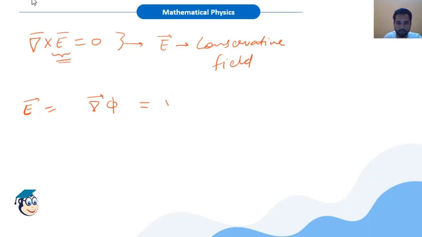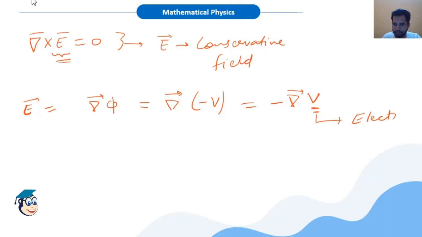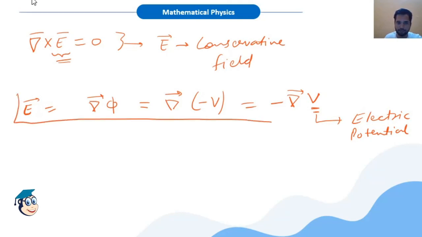And I am saying that phi is equal to negative of V. V is also some scalar, and I can write this as minus gradient of V. And here this V is known as electrostatic potential. Okay, this is how we introduce electrostatic potential, and this is a differential form.